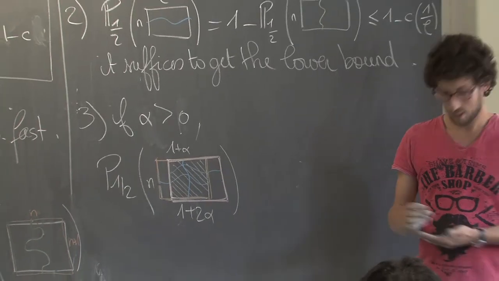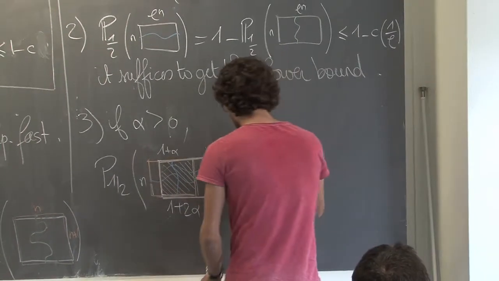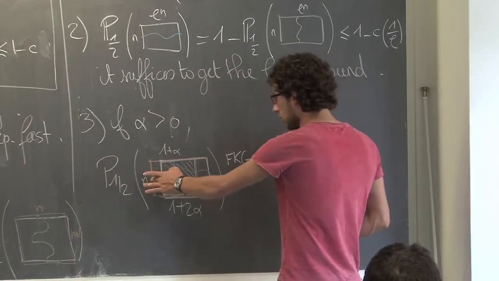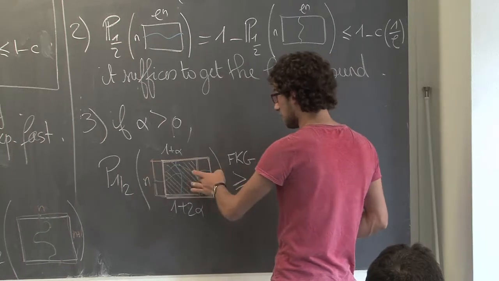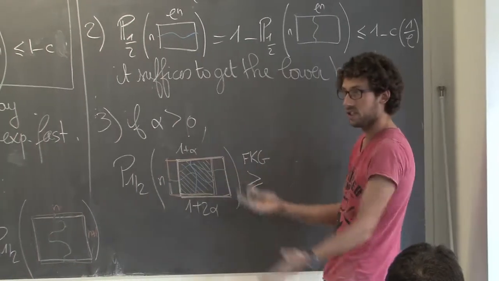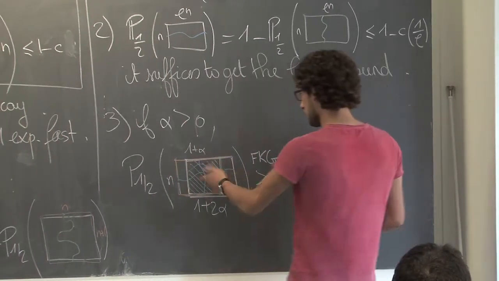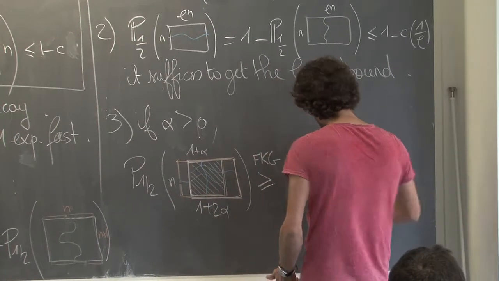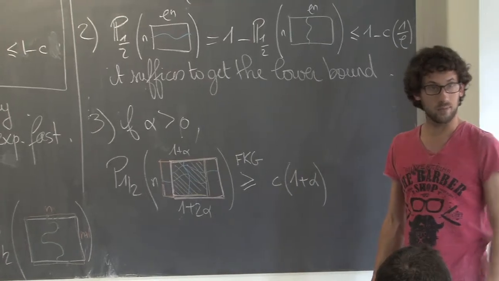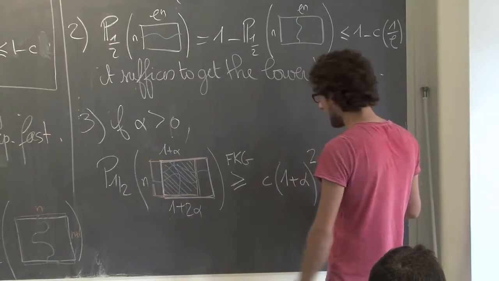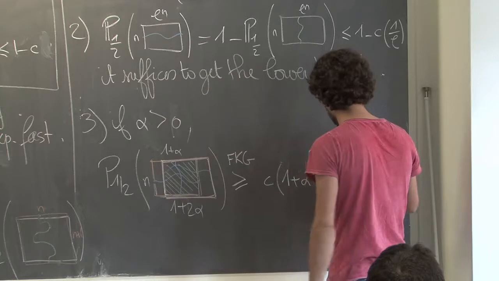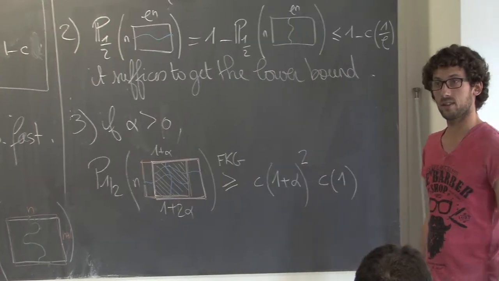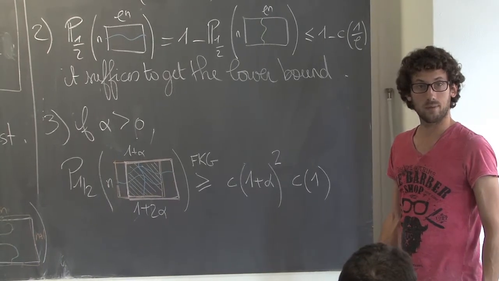Okay? So this is always going to be larger by the FKG inequality. If I want a crossing from there to there, I can assume there is this, and this, and use the FKG inequality to say that this is larger. Well, I use twice a crossing in an aspect ratio 1 plus alpha, and I use once a vertical crossing of a square. So if all these guys are positive, I'm going to get a positive lower bound for the other one.